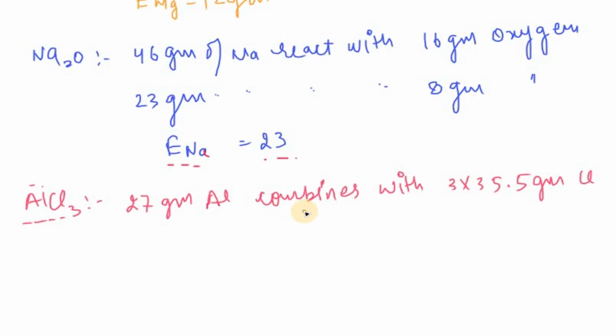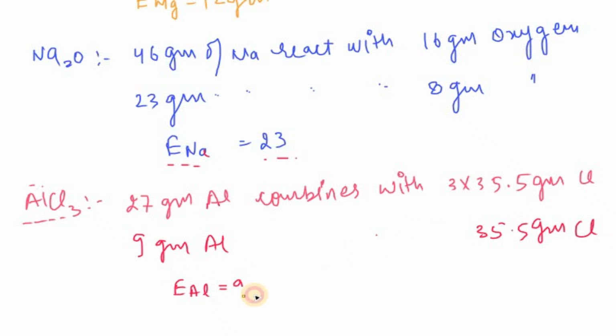The mass of aluminium that combines with 35.5 gram of chlorine is 9 gram. So 9 gram of aluminium will combine with 35.5 gram of chlorine, and the equivalent weight of aluminium comes out to be 9 gram.